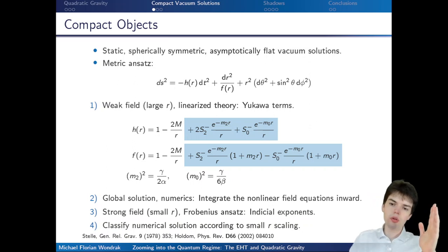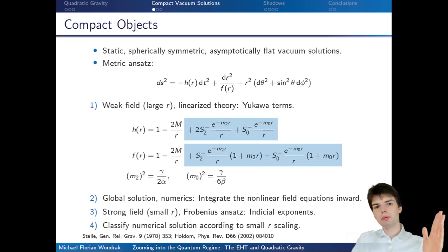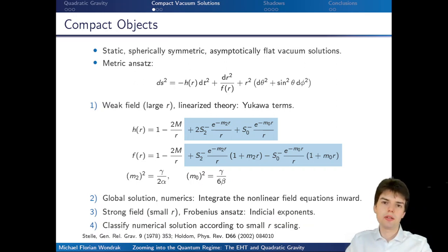Having solved and gained control over the large r regime, we now want to find the solution over all spacetime. So we have to numerically integrate inward also until the center. And the center is decisive for what kind of solution we actually have, what kind of black hole. For small r, we can again apply some analytic technique.